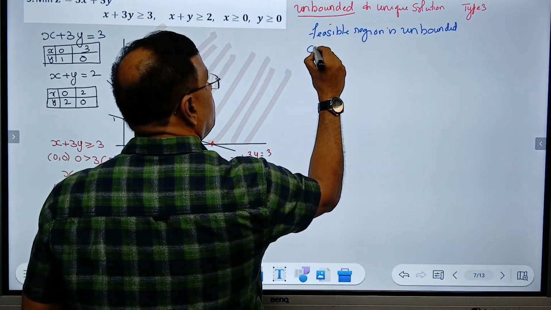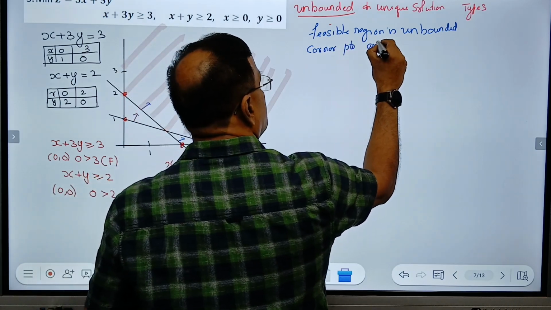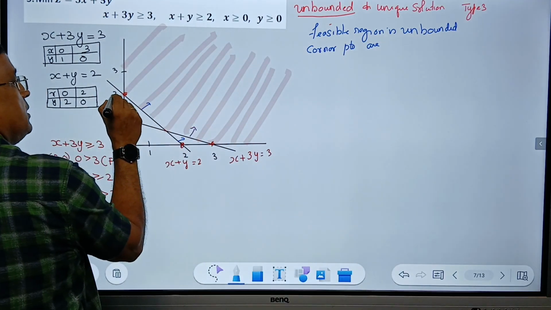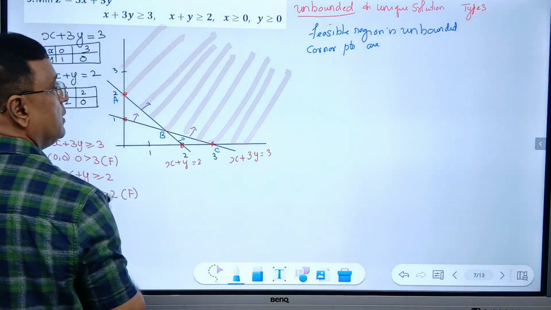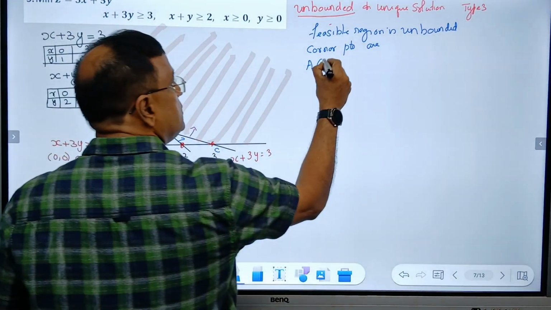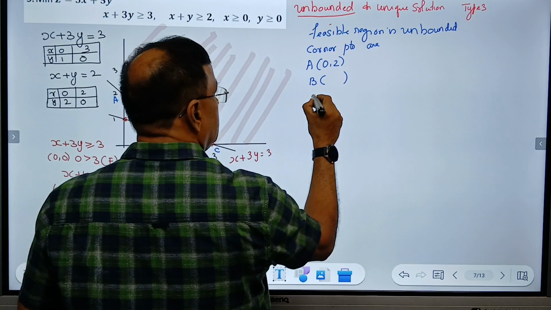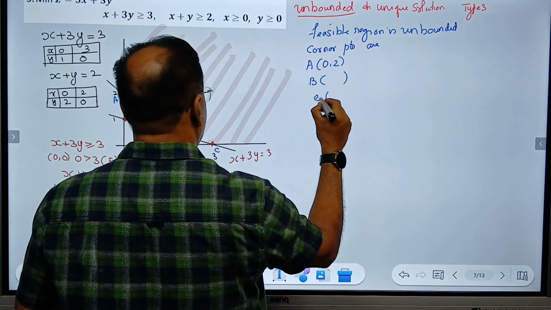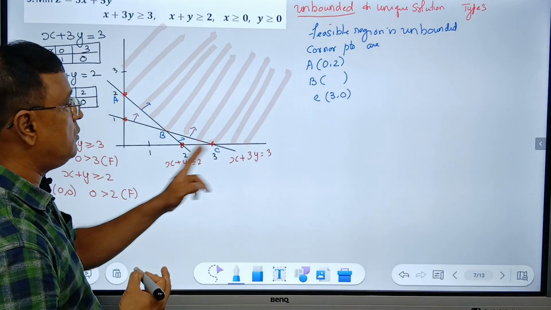The corner points are these, A, B and C. So what is A? A is obviously 0 comma 2. B I can determine. C will be 3 comma 0. Now B, how do I find? I have to just solve these two.